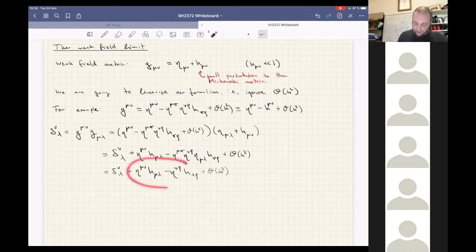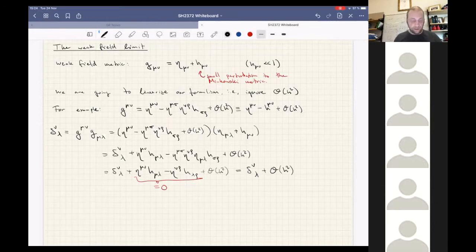So these two terms cancel. Together we find that this is equal to 0. So what we end up with is indeed delta nu lambda to linear order in h. So indeed, to linear order in h, the inverse of the metric is exactly given by this expression. Any questions?